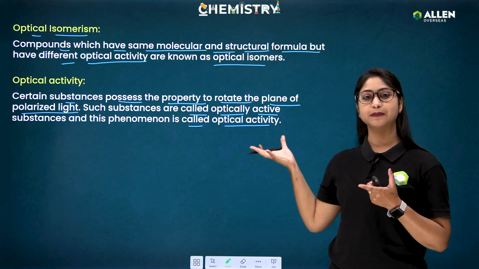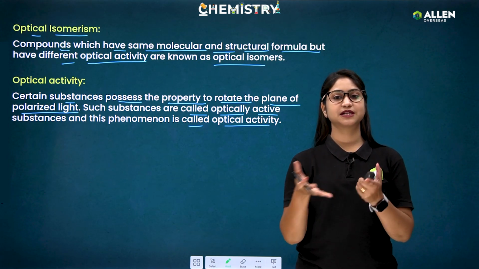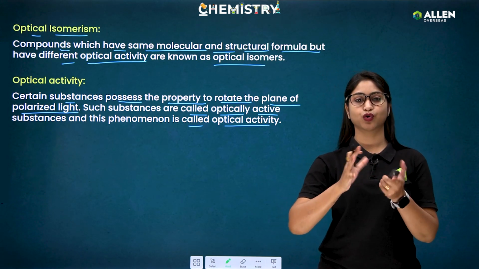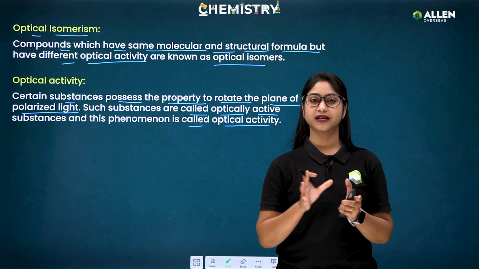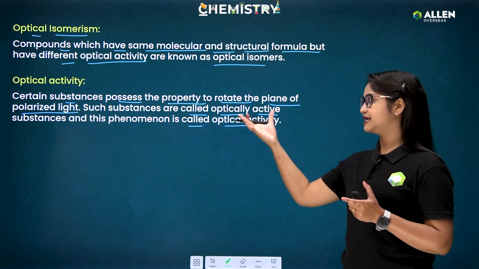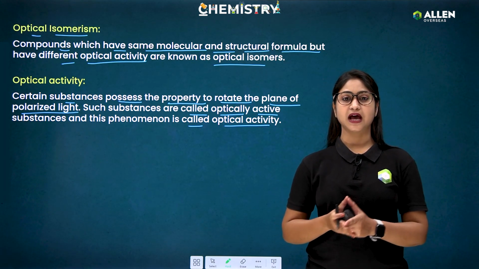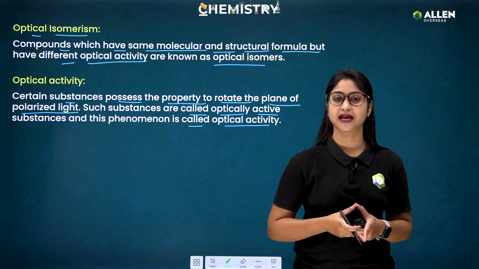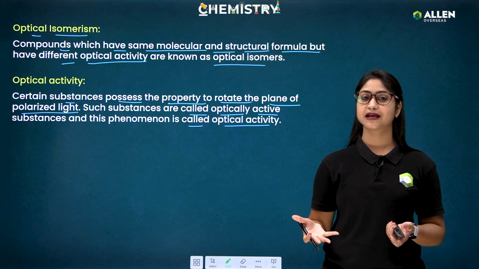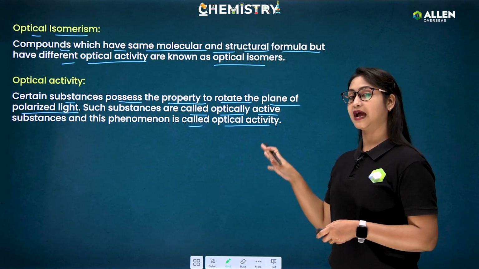So some substances can deviate or rotate the plane polarized light, and these are called optically active. On the other hand, substances which cannot rotate plane polarized light are called optically inactive.